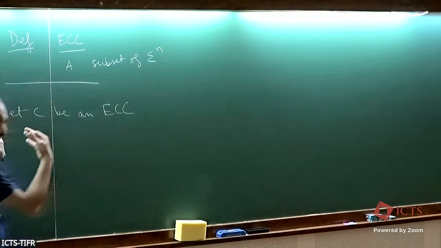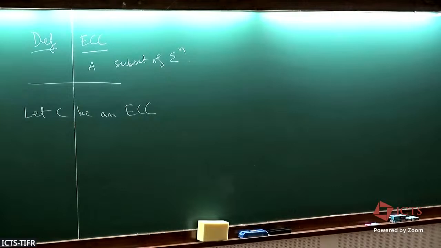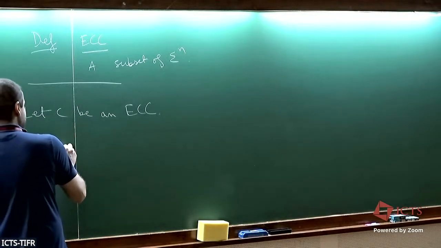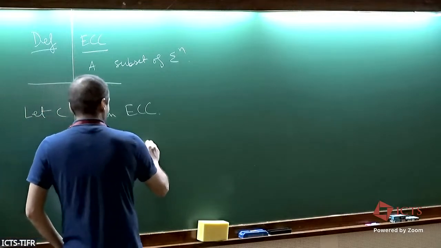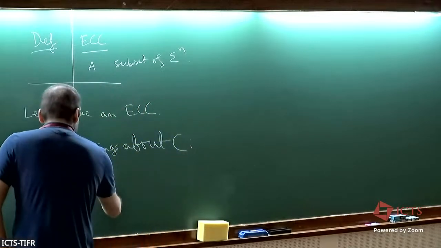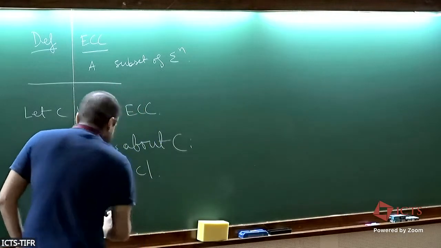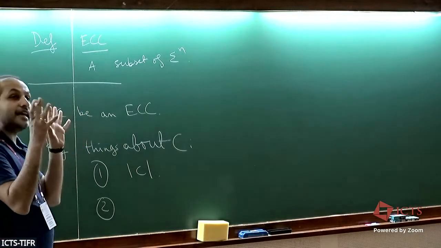The things that we want out of C to be a good error correcting code, the key things about C we care about: the first one is the size of it, and the second thing is how far apart the elements of C are.